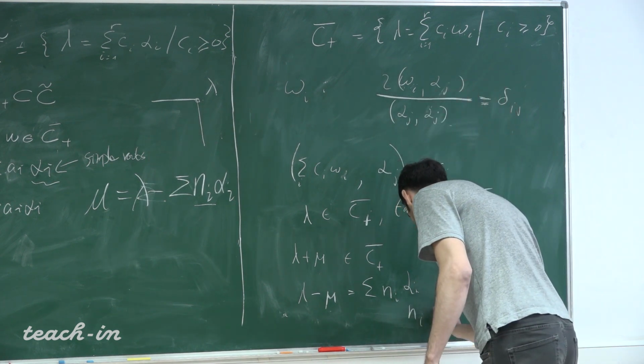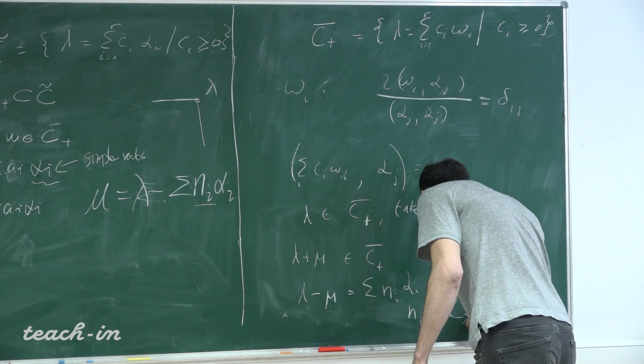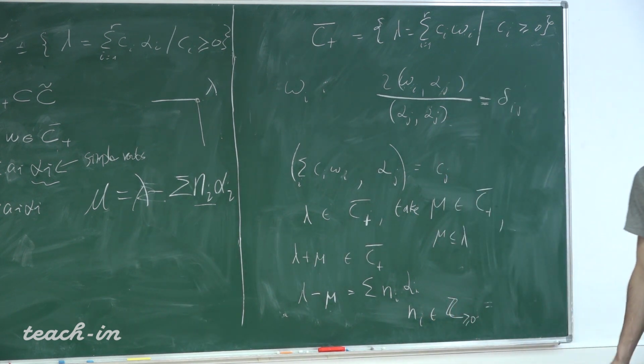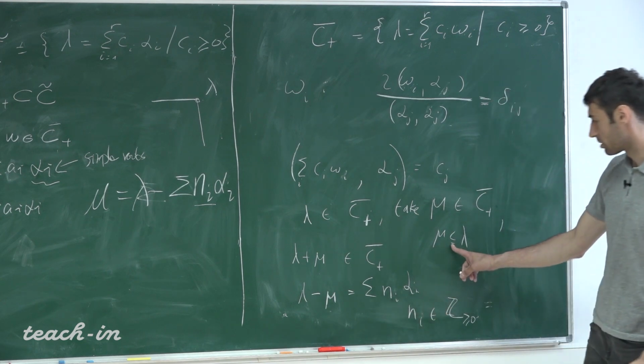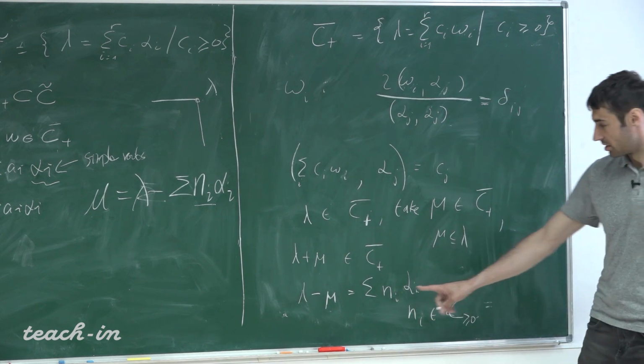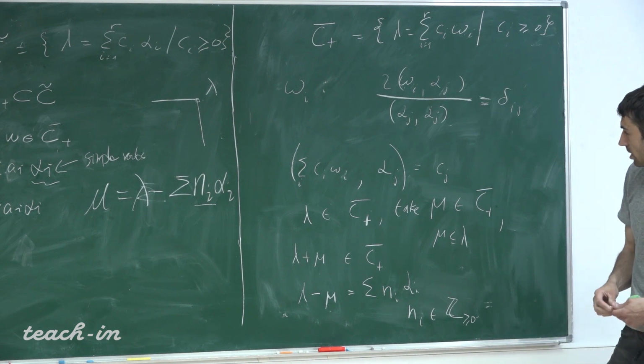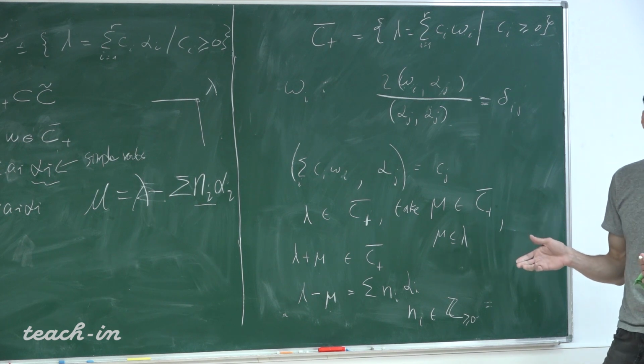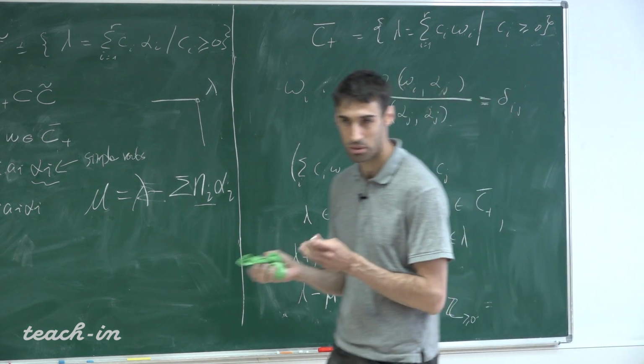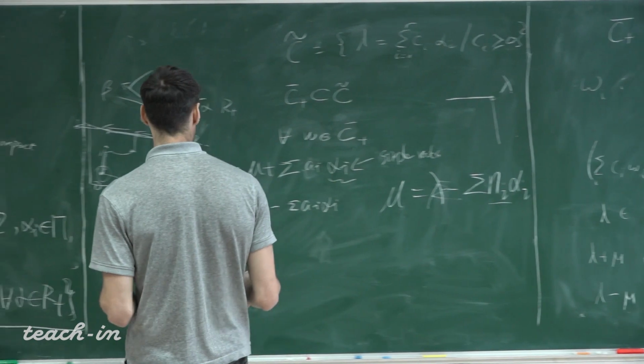So ni is from Z greater or equal than 0. This is because mu is less or equal than lambda. And now comes a very elegant trick that I like about this problem a lot.